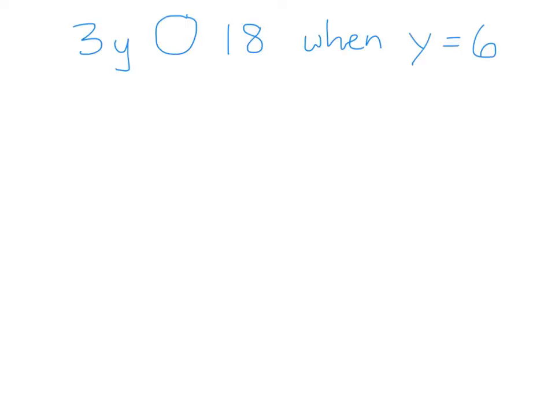In this problem, we want to know if 3y is less than, greater than, or equal to 18 when y equals 6. So I'm going to substitute 6 in for y here, remembering that 3y means 3 times 6, which is 18. 18 happens to be equal to 18, so I fill in the blank with equal.